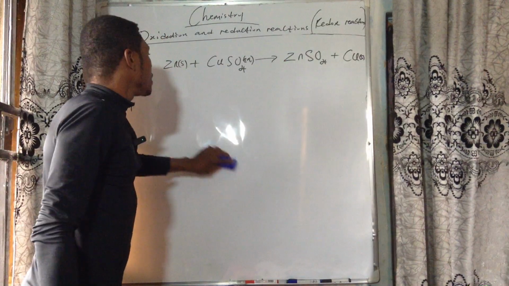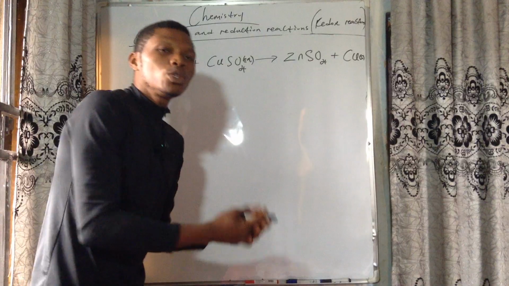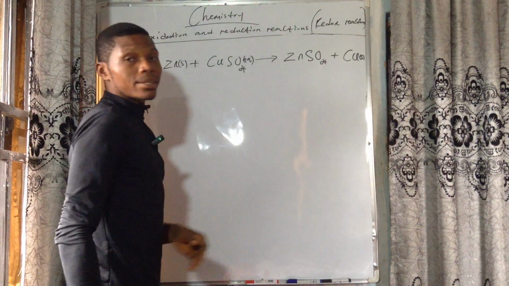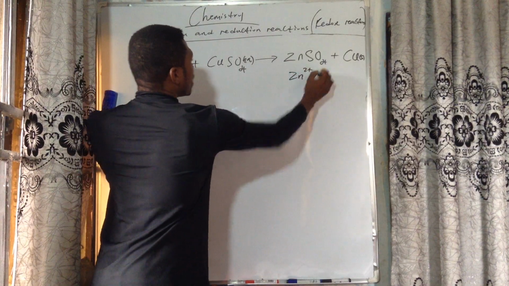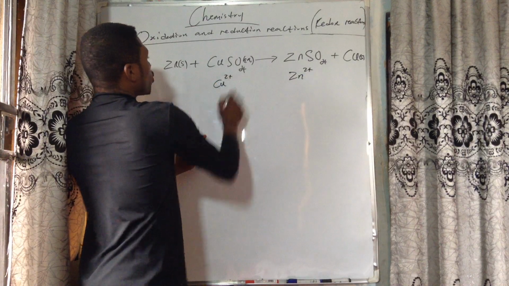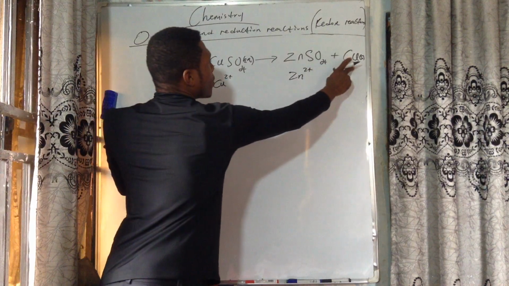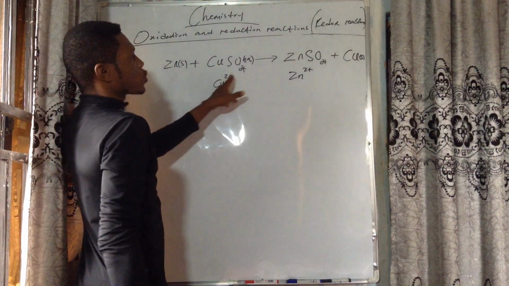So now they ask you, which of these substances is oxidized, which one is reduced? Clearly, zinc is what? Oxidized, because here it forms an ion, Zn2+. This one is reduced. Here, the oxidation number of copper is 2+. The oxidation number of copper here is what? 0. So this one is reduced from 2+ to 0.